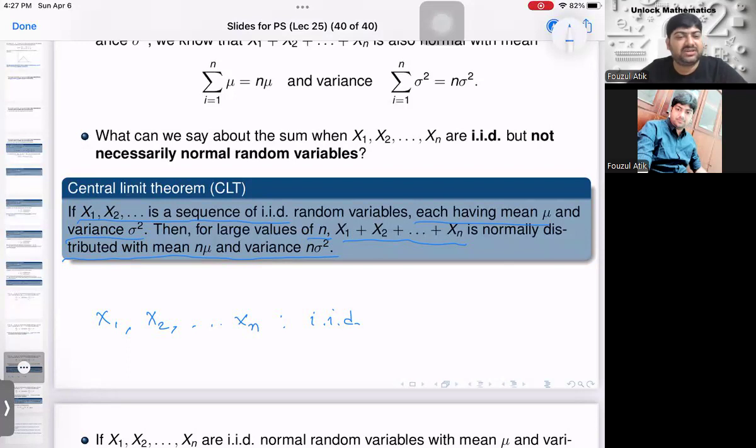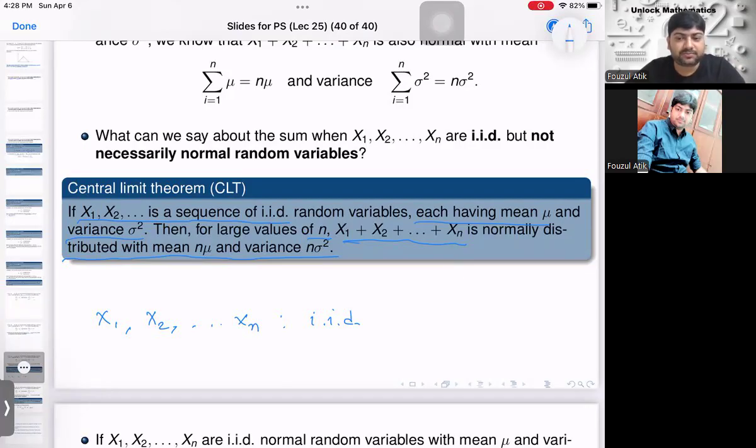So they are independent, identically distributed random variables. Then for large values of n, their sum is normally distributed with mean n mu and variance n sigma square. Right? So I just wanted to let you know the statement of the central limit theorem.